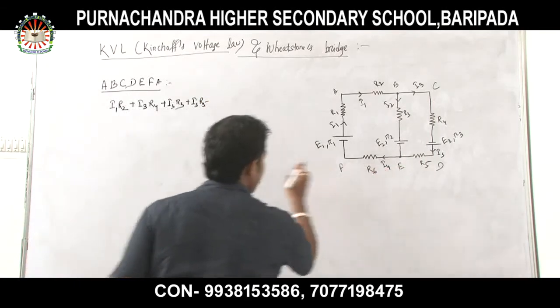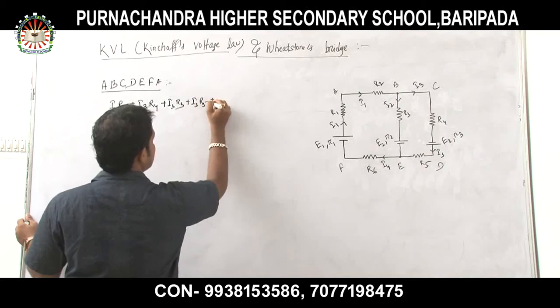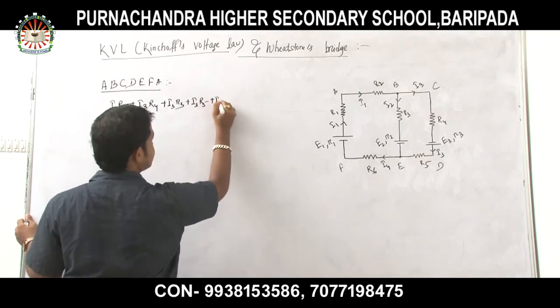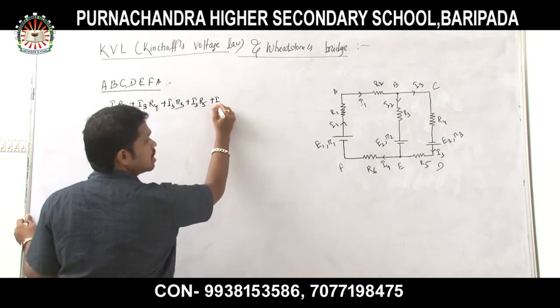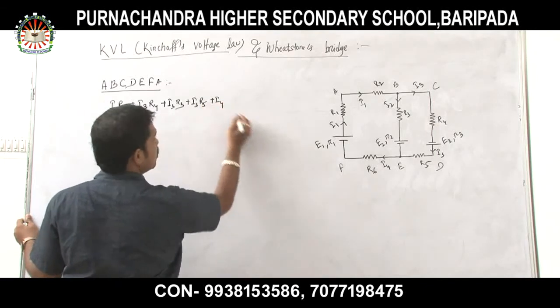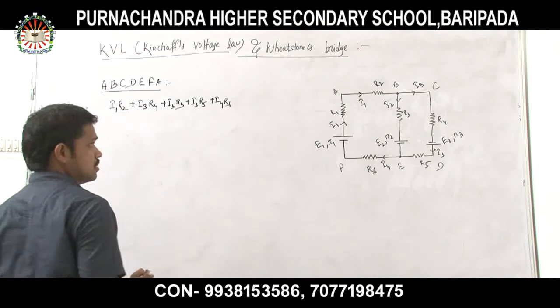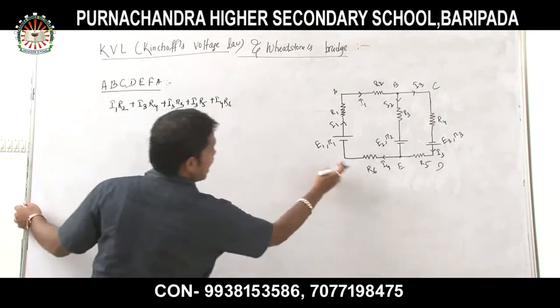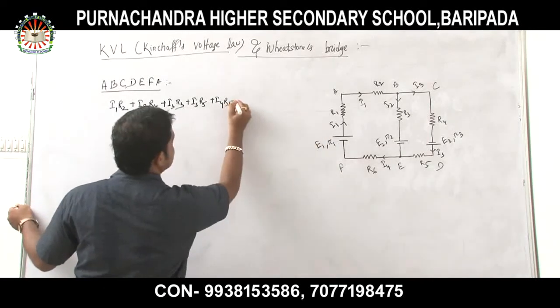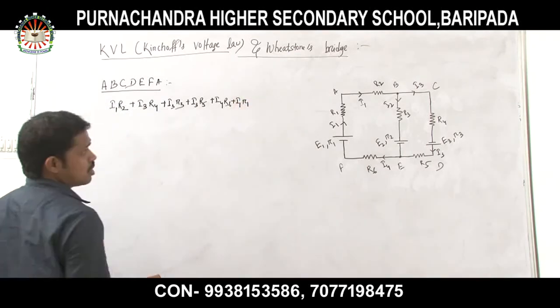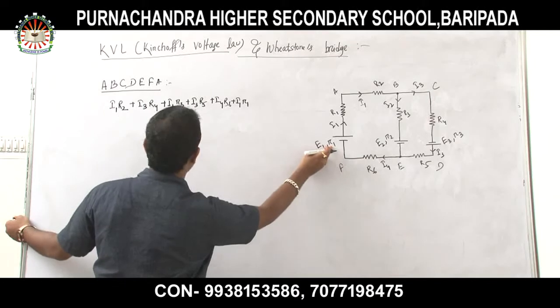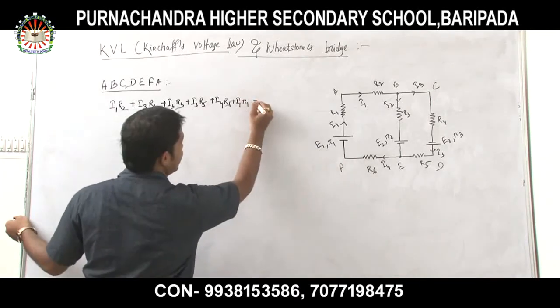Okay. Now come to here, that is also clockwise, so plus I4 R6. Understood? Then lastly come to here, that is plus I1 R1 smaller one, because this E1 has internal resistance R1. Okay. Now that is equal to.